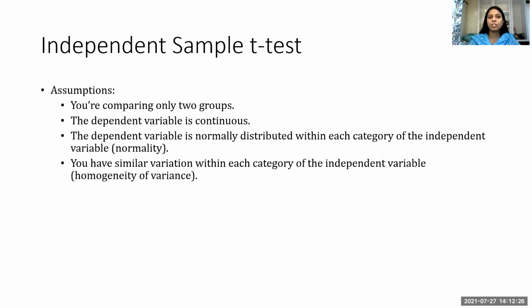And the last assumption that you need to keep in mind is that you have similar variation within each category of the independent variable, where we're testing the homogeneity of variance. So what is this homogeneity of variance?